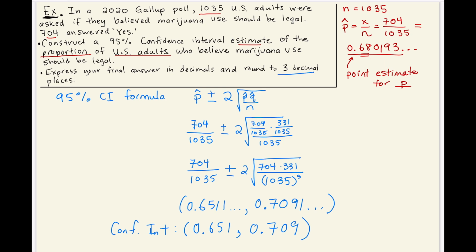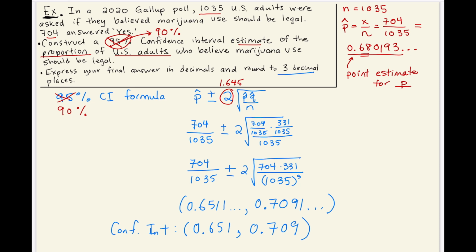Before finishing the video, I just want to point out a couple things. The first thing is that if the question had asked us, let's say instead of 95%, to construct the 90% confidence interval estimate, the only thing that would be different in that case is that the multiplier here would change, and it would become 1.645.